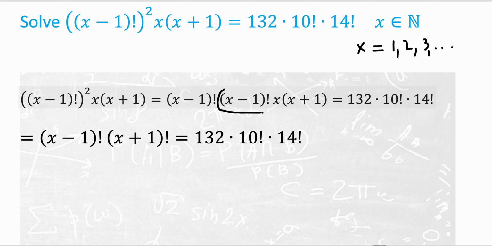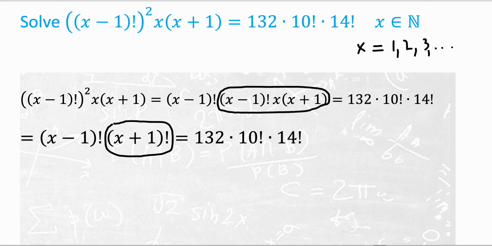This piece right here, from the definition of factorial, just becomes this circled piece down here. Okay, the same thing. Notice we changed it to x plus 1 because x plus 1 is the last factor in the circled expression. That's just the definition of factorial.